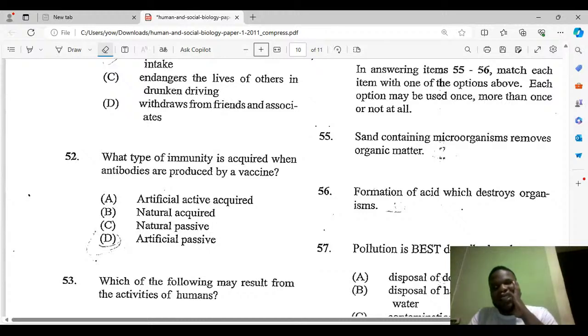But based on how the question is phrased, it says what type of immunity is acquired. That means you get it, right? So based on the question, I'm going to lean to D as the best answer.